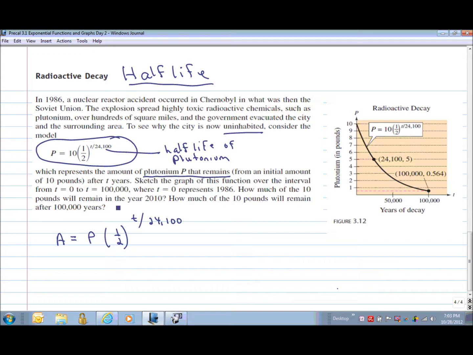I guess plutonium's an actual... I don't think it's called a compound. That's really bothering me.